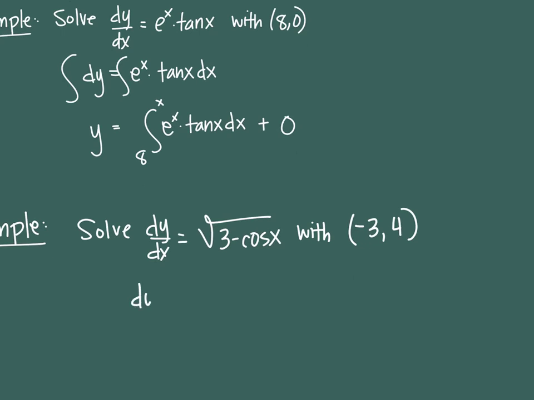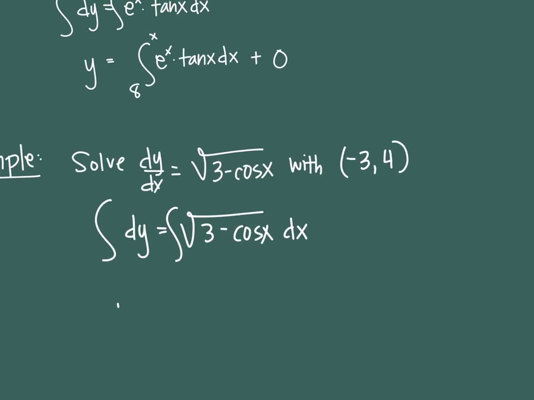So we're going to separate and then apply the integral. So separate, integrate. So y by itself will be the integral of, my lower bound will be negative 3, my upper bound is x.